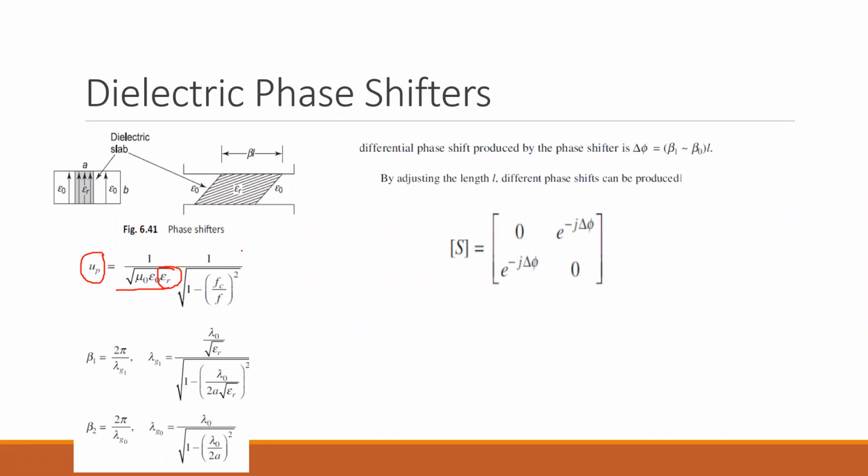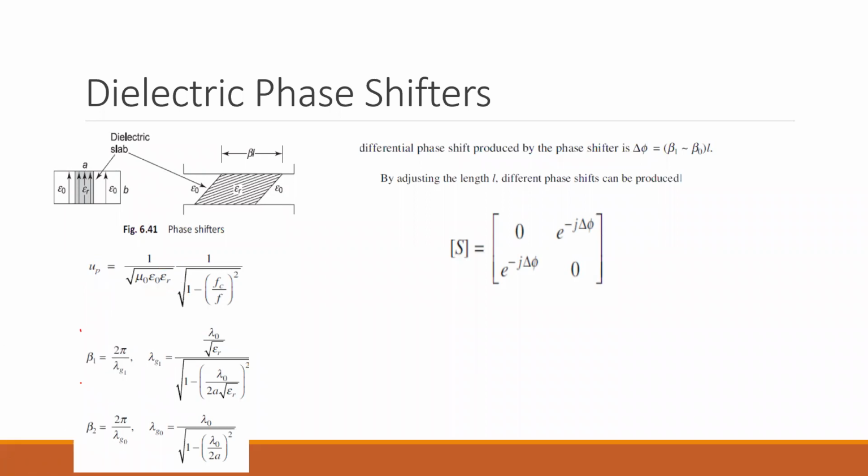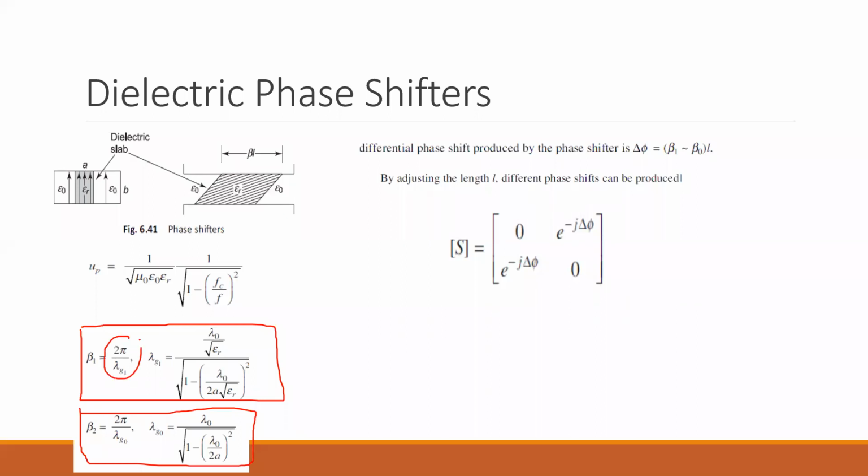So when you simplify this equation, that is the overall equation, we can observe that beta, which is the phase constant, will be given by two parameters because of the introduction of the dielectric material which is present over here.